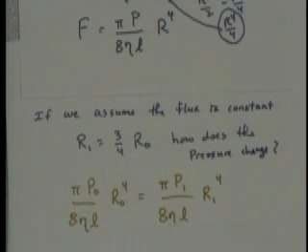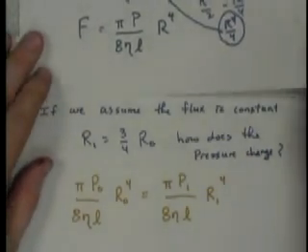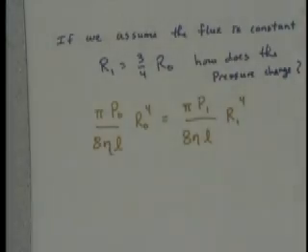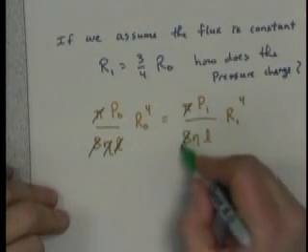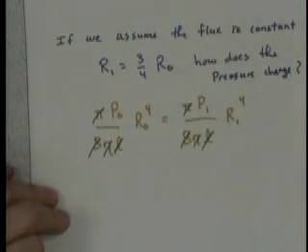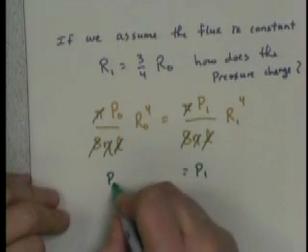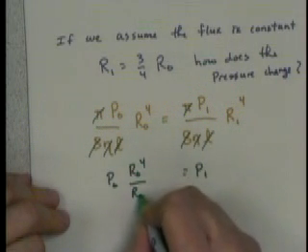And your body's going to want to try to have that happen. So now I'm going to solve this for P1. The pi's cancel, the 8 eta L's cancel. So P1 equals P naught times R naught to the 4th divided by R1 to the 4th.